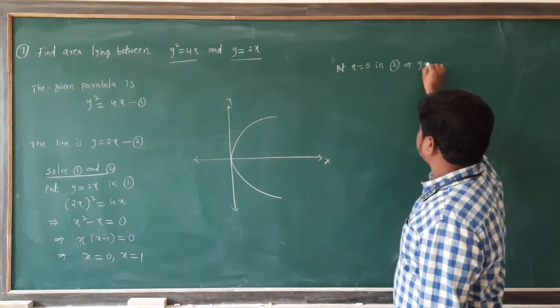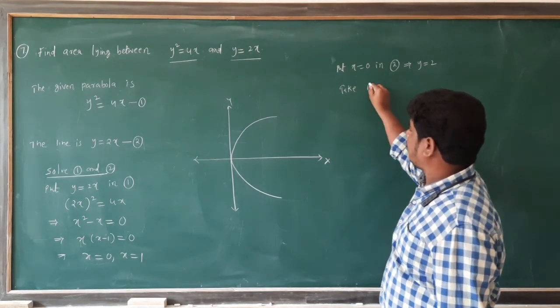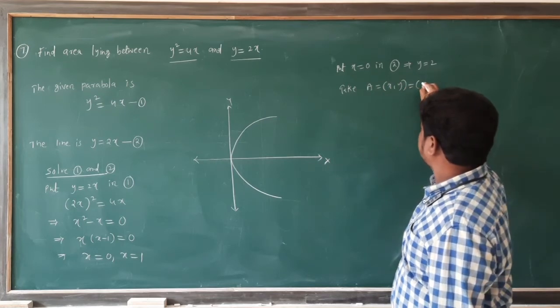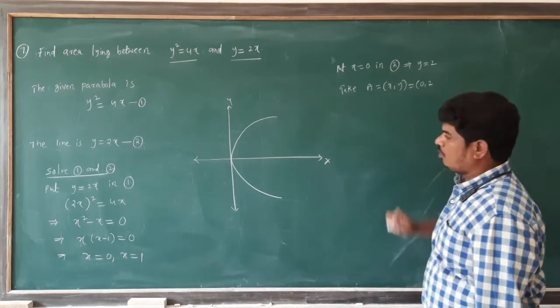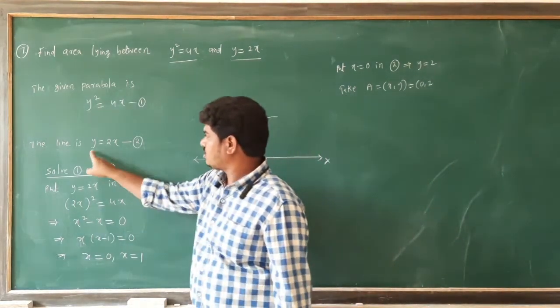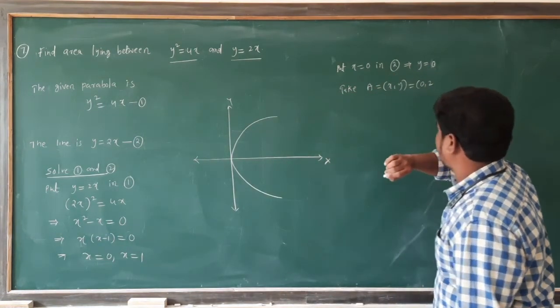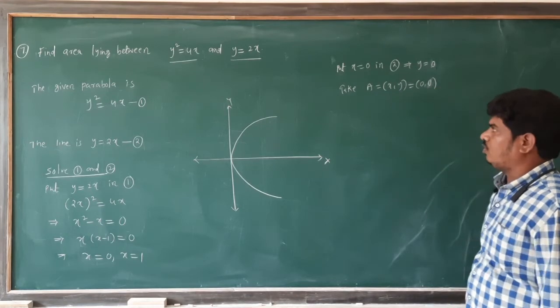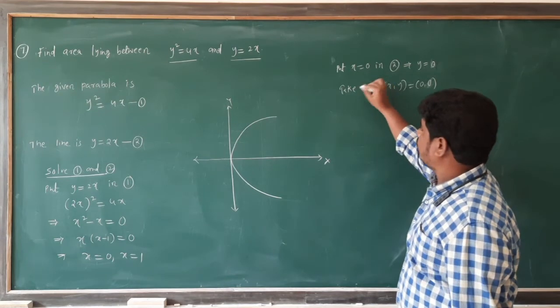The value of y is 0. So x comma y equals 0 comma 0. Take it as O.